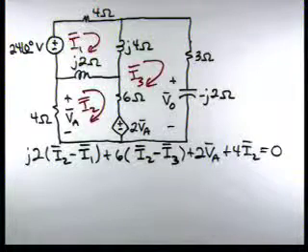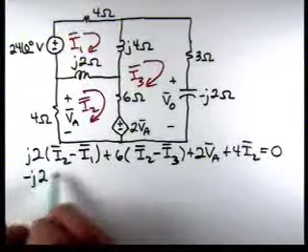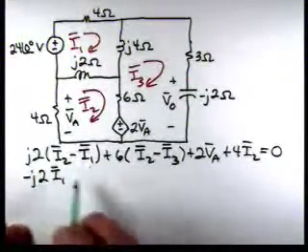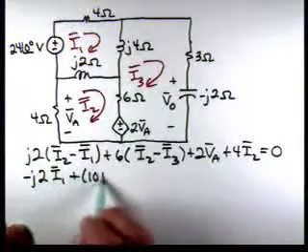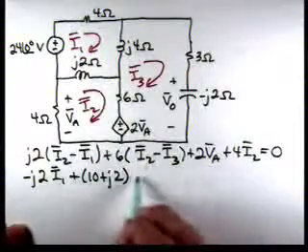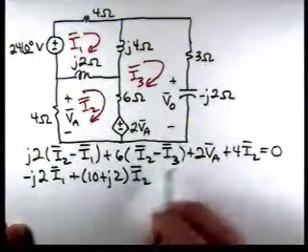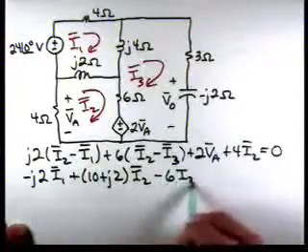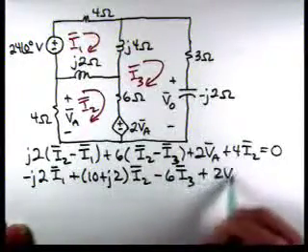Now let's simplify this one a little bit. We'll have minus J2 I1 plus (10 plus J2) I2 minus 6 I3 plus 2 VA.